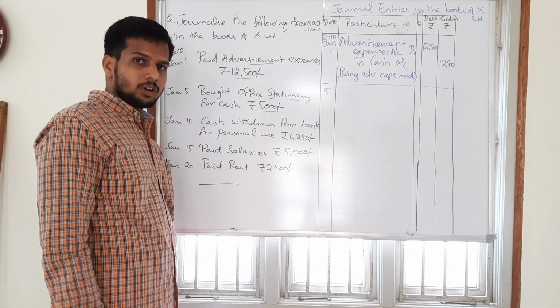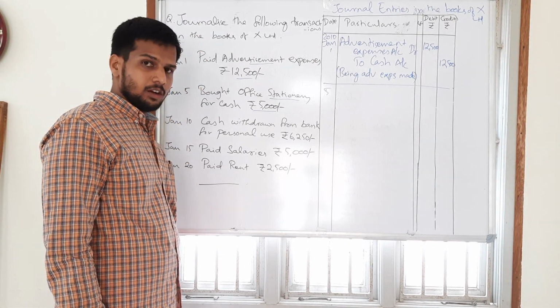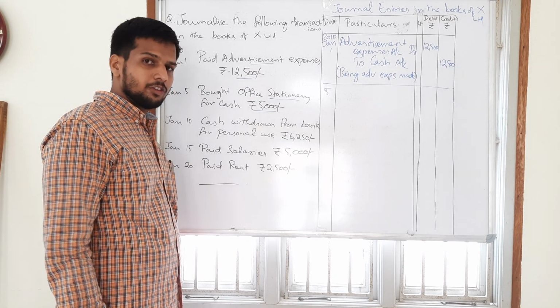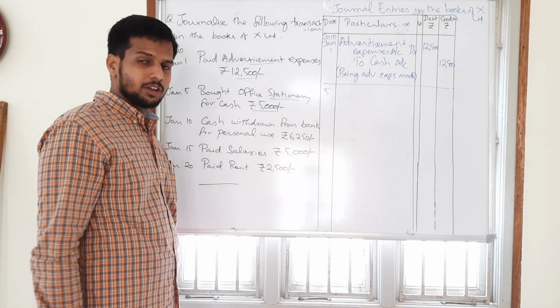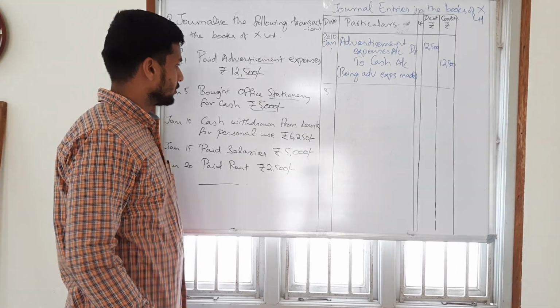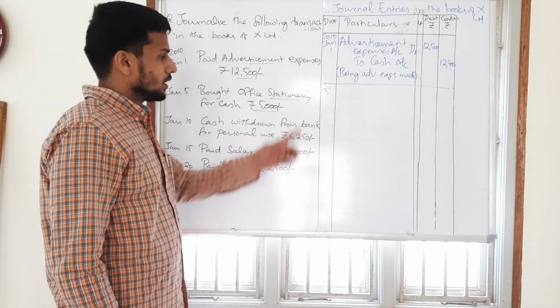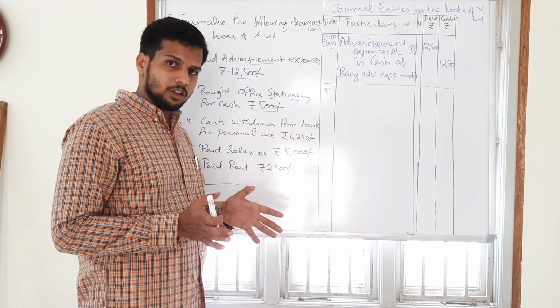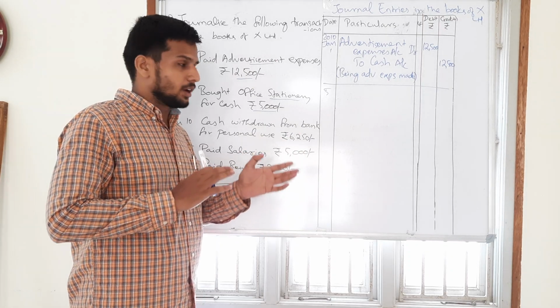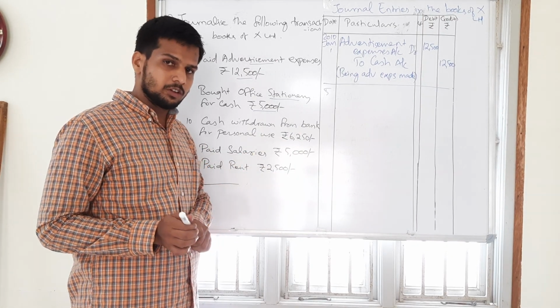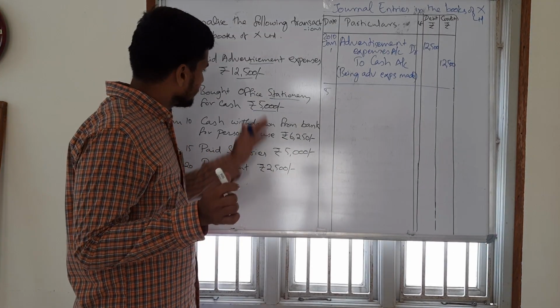Both accounts come under the head of real. Real means debit what comes in, credit what goes out of the business. So here stationery comes into the business, so it should be debited, and cash goes out of the business, so cash should be credited.